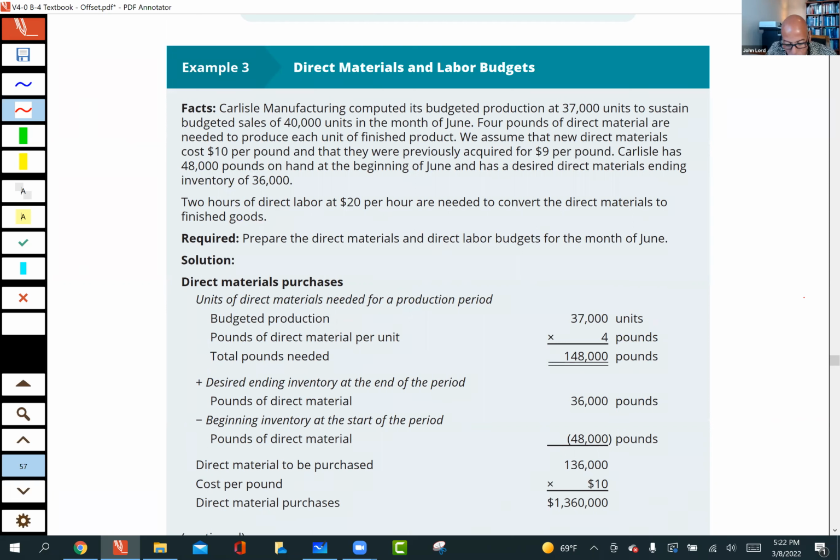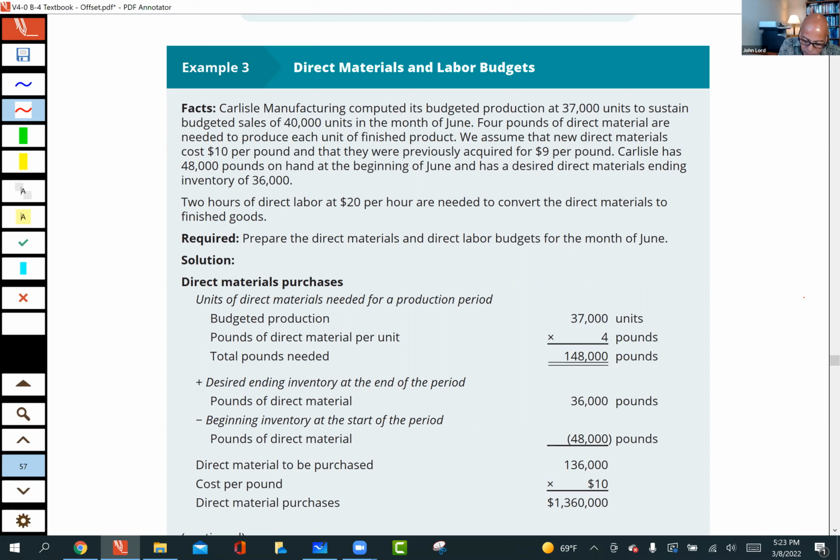We assume that the new materials cost $10 per pound, and they were previously acquired for $9 per pound. Carlisle has 48,000 pounds on hand at the beginning of June and has a desired direct materials ending inventory of 36,000. 2 hours of direct labor at $20 per hour are needed to convert the direct materials into finished goods.